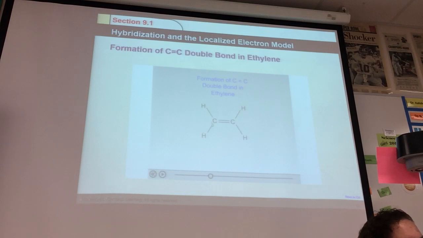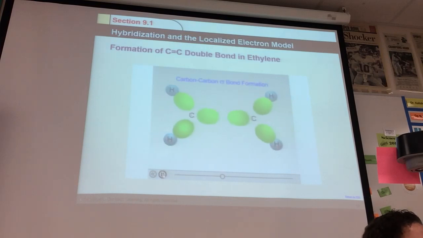So you have 1, 2, 3, 4, 5 sigmas and 1 pi. The sigma is an end-to-end overlap. Pi is a little different. An sp2 hybrid orbital on one CH2 unit of ethylene overlaps with an sp2 hybrid orbital on the other CH2 unit to form the carbon-carbon sigma bond. This is the end-to-end overlap, sigma.